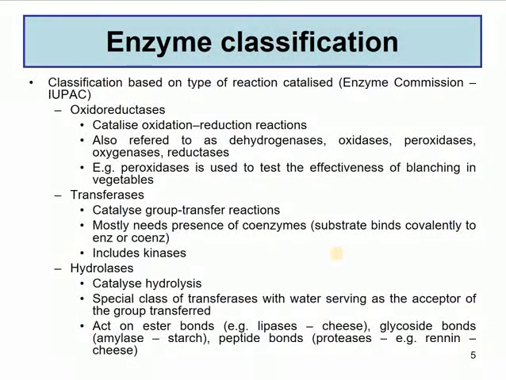They act on the ester bond like your lipases, when you break down the triglyceride at the ester bond. They also work on the glycosidic bond that makes up the sugars and the starch. They also break down the peptide bonds, separating the amino acids from each other.